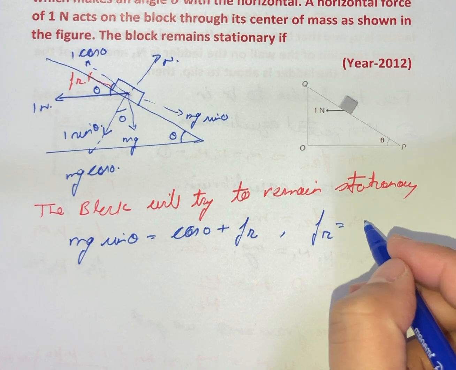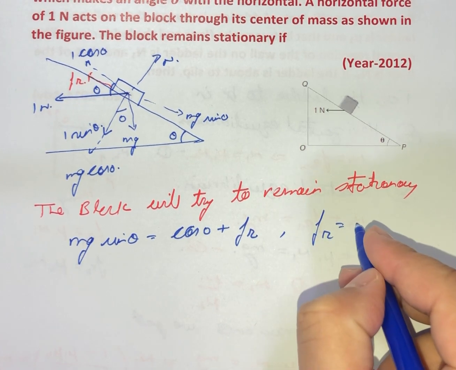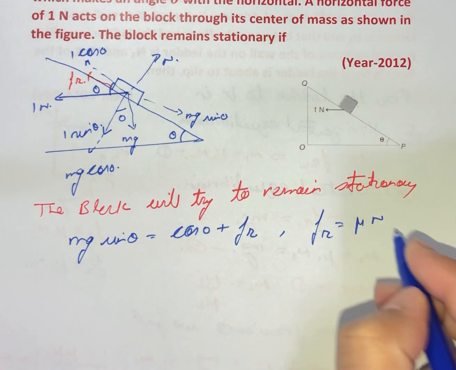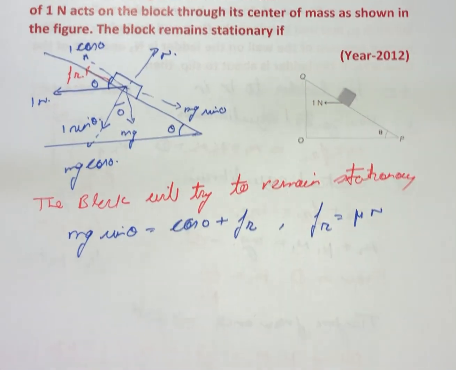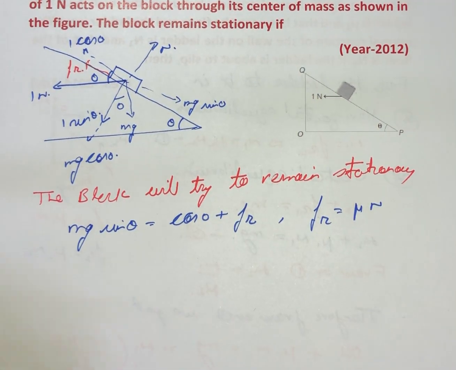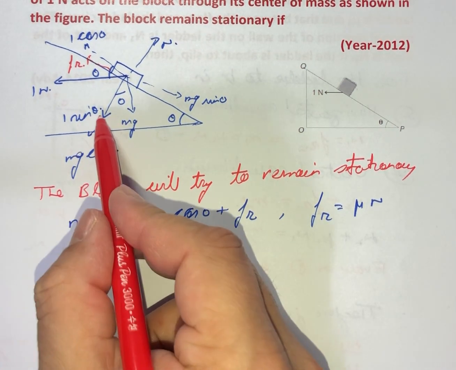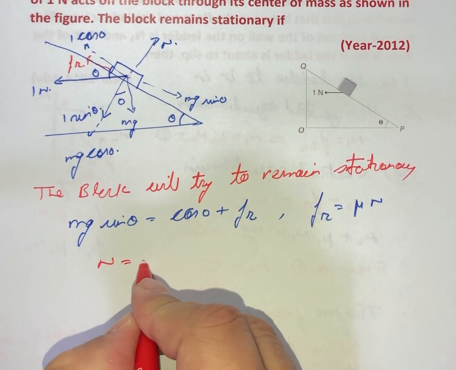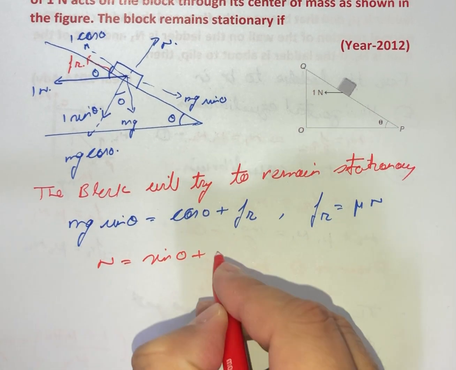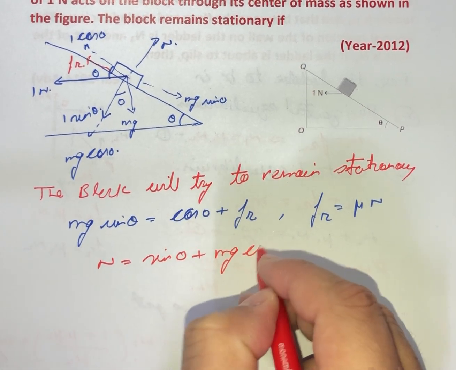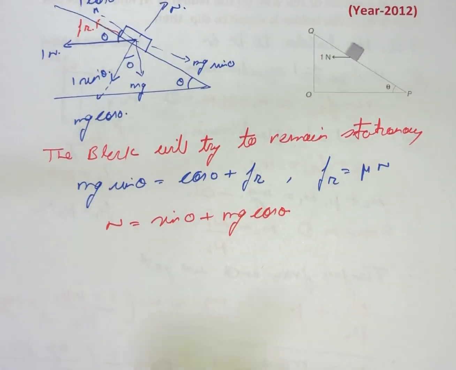If mu is the coefficient of friction, then Fr will equal mu N, and N will be equal to 1 sine theta plus mg cos theta.